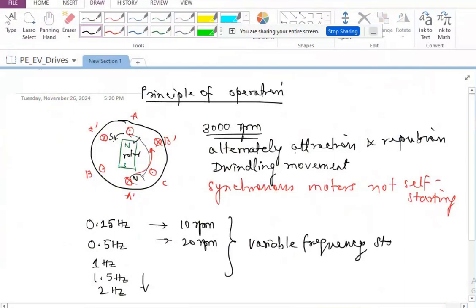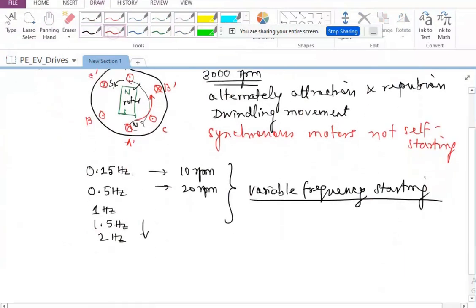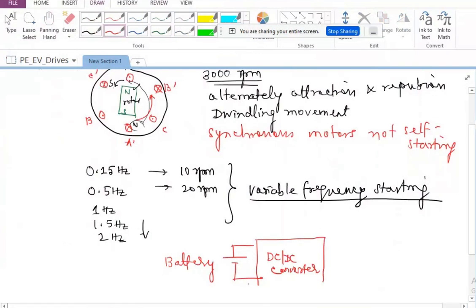And in the case of an electric vehicle, anyway, the source is a battery, that is a DC source, that will be converted into AC with the help of an inverter. So you are going to have, let us say, a battery, and after that a DC to DC converter, because the inverter input voltage and battery voltage may not exactly match. So the matching is generally done by a DC to DC converter.